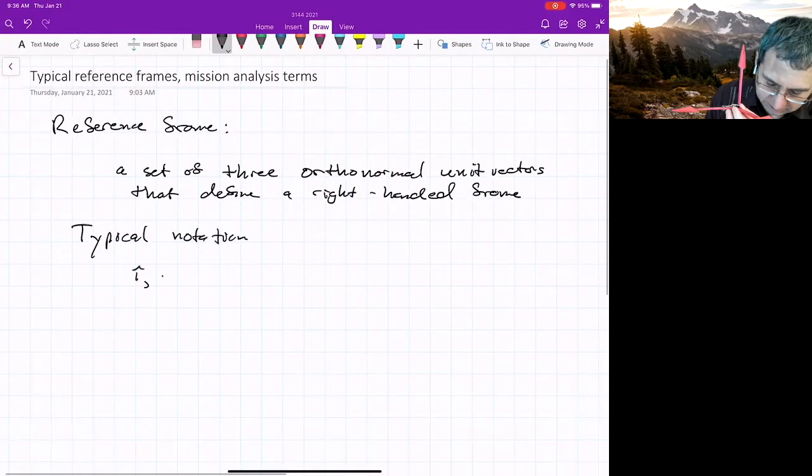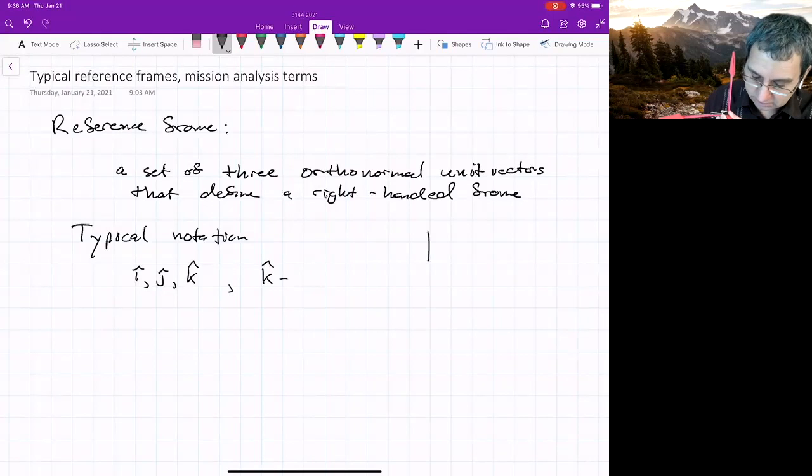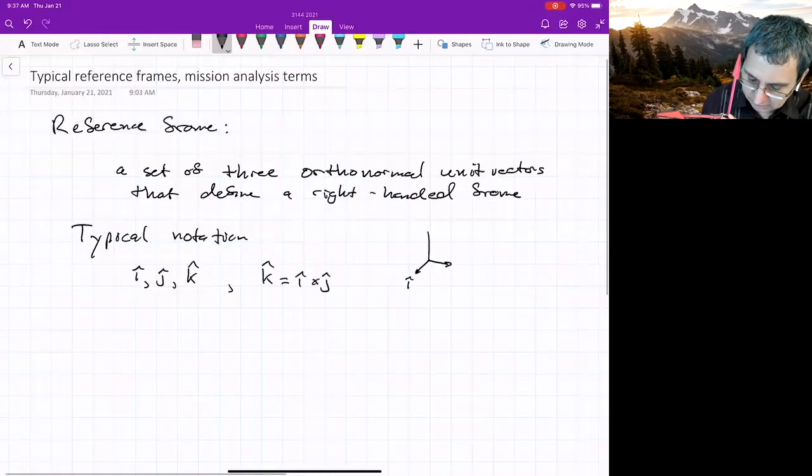You've probably seen I, J, and K. And the thing that makes this a right-handed coordinate system is that K, the third one, equals I cross J. That's the cross product. So we've got I cross J is K.